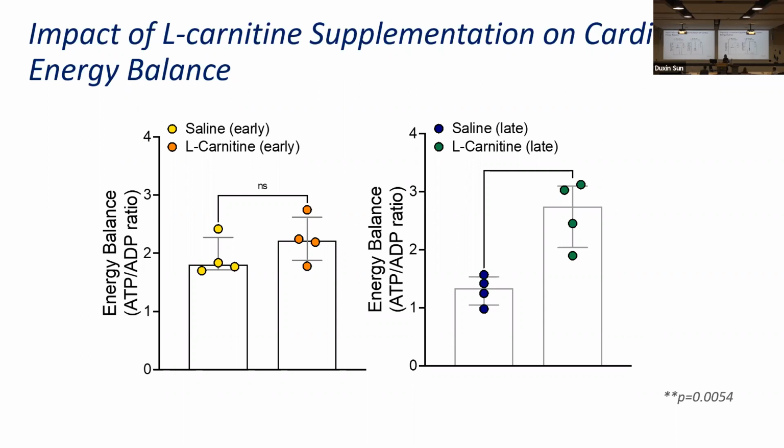So at least in the heart, and we bias this a little bit because we use the heart because it's loaded with mitochondria, so it worked in our favor maybe a little bit, this suggests that carnitine supplementation may be advantageous in the setting of sepsis. We still have to do quite a few more experiments, as you might expect, just to get our N values up and also to test different time points.